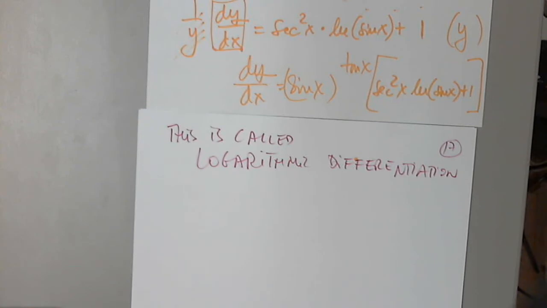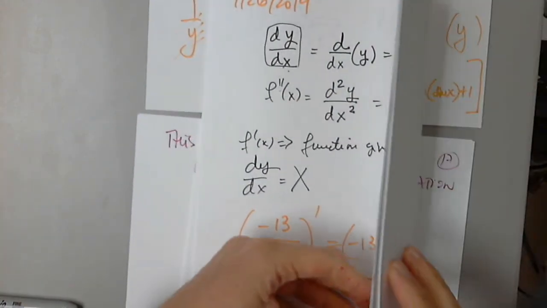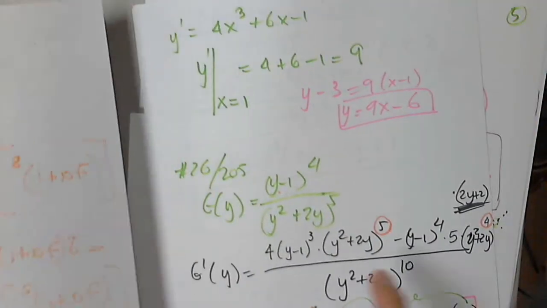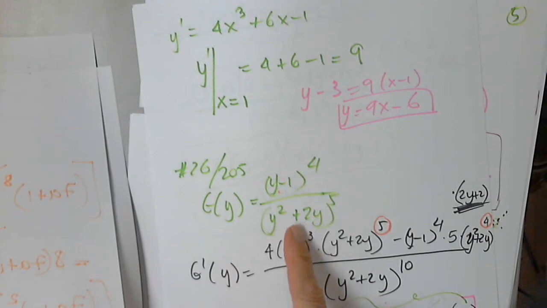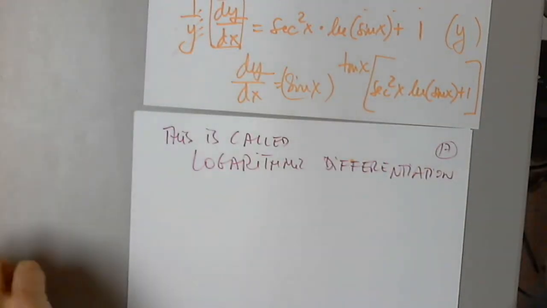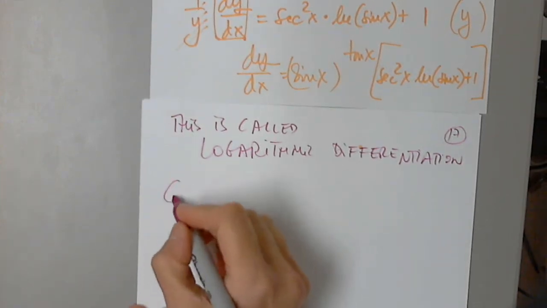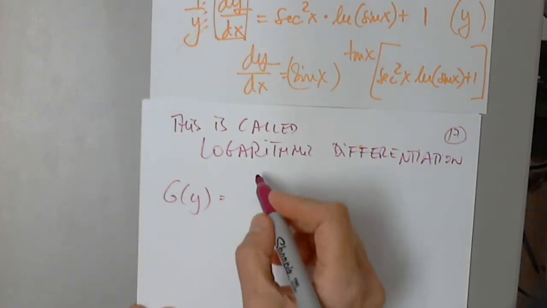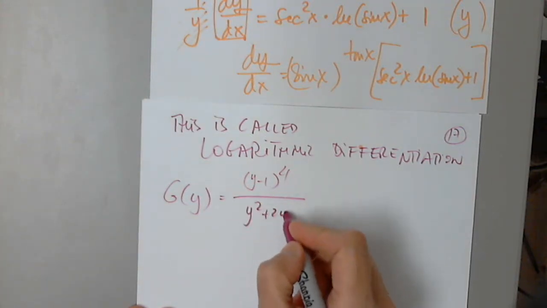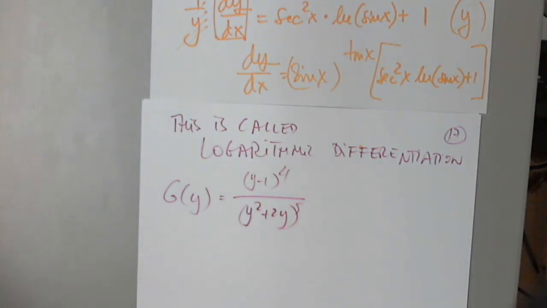Another use of logarithmic differentiation: an hour and something ago, we looked at this. So let's do it again. I have the function g of y, which is (y minus 1) to the 4th power over (y squared plus 2y) to the 5th.